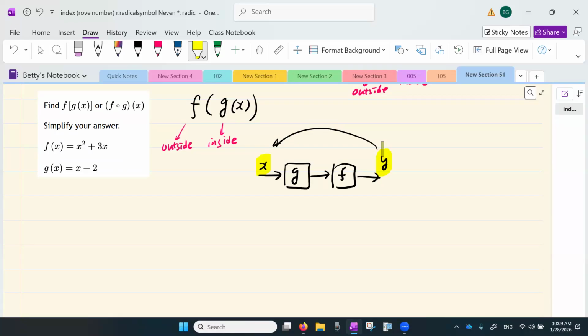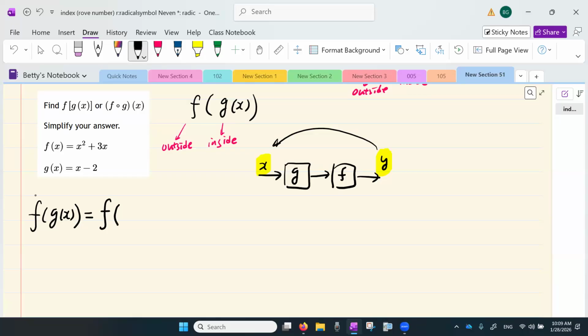This time we don't have a specific value, it's just X. Let me show you how we process this type of problem. F of G of X. By the way, there are multiple different methods to find the composite function. In the class, we are going to only look at one method. I'd like you to just use that one method. Okay, what method?